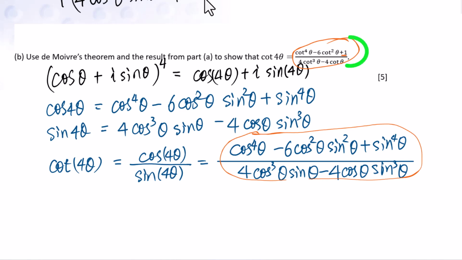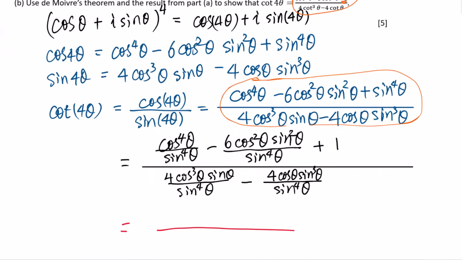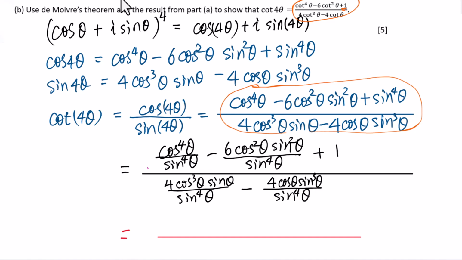We need a 1. So numerator and denominator divided by sine fourth power of theta equals, first term should be cotangent fourth power of theta minus, reduce, 6 cotangent squared theta plus 1.